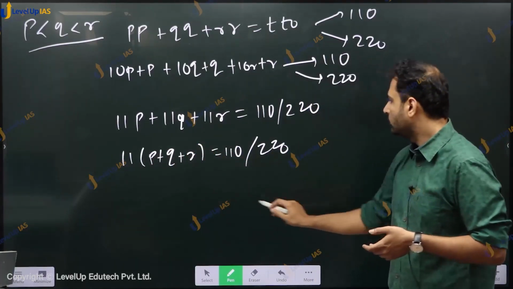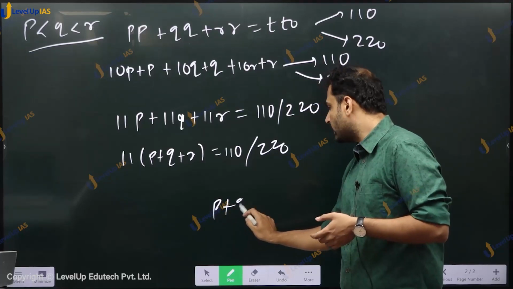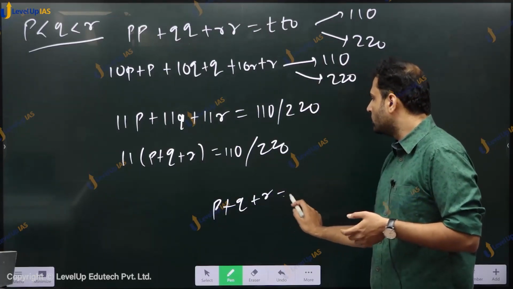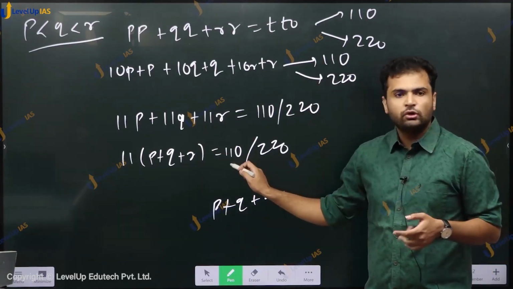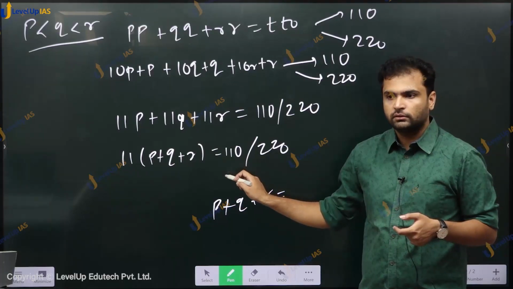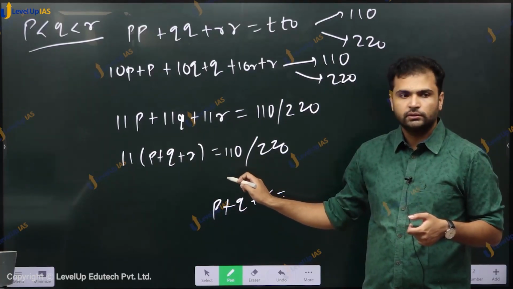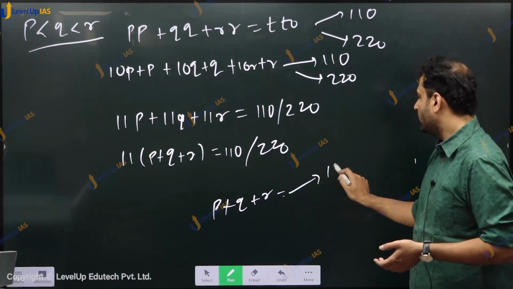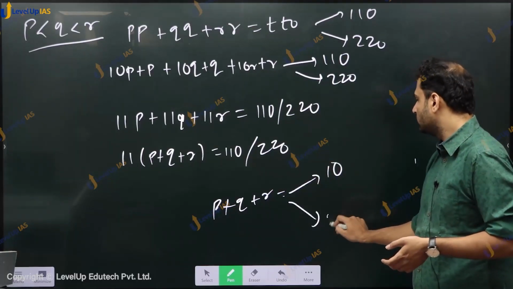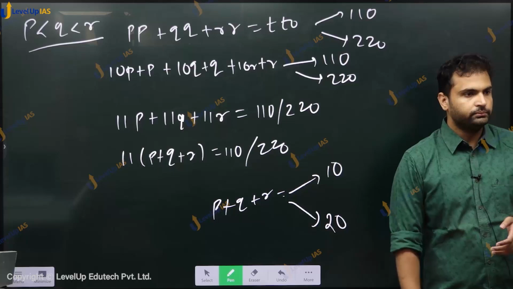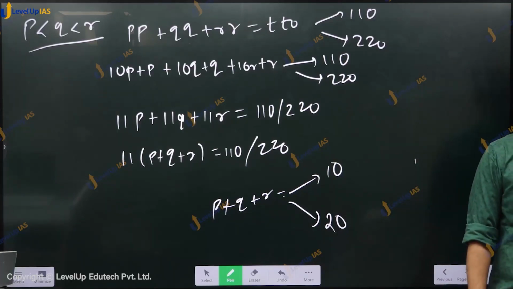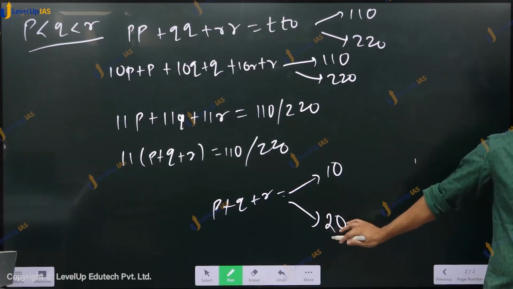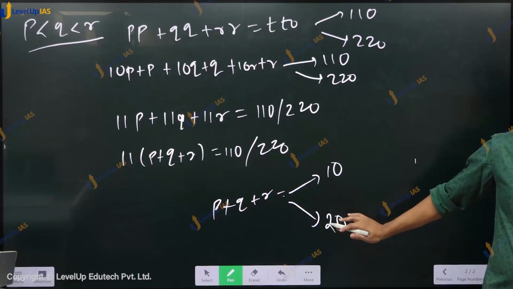So what do I have? P plus Q plus R is equal to, if I divide 110 by 11, I get 10, since 11 tens are 110, and here I'll get 20. Any doubt? No doubt.